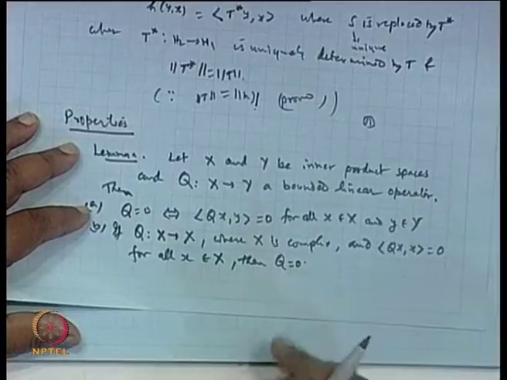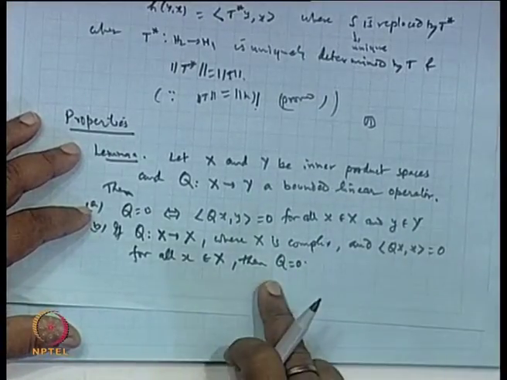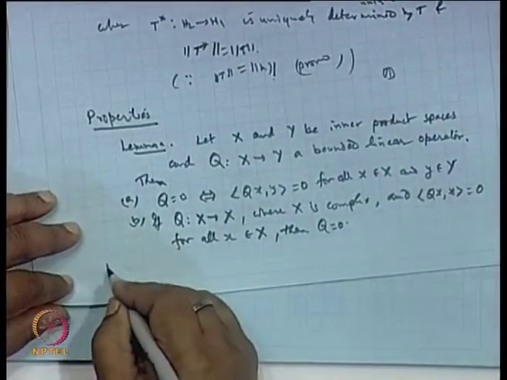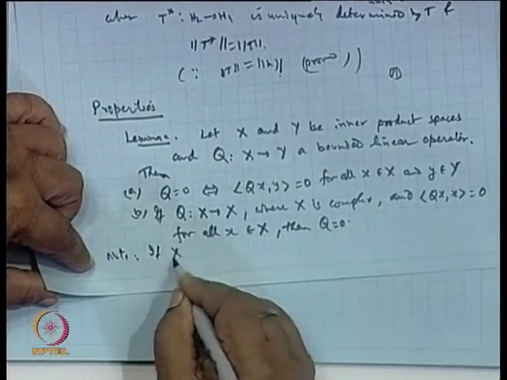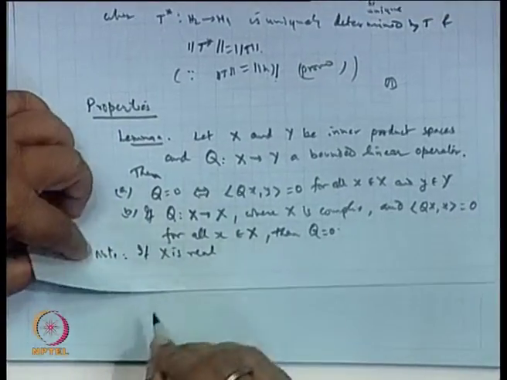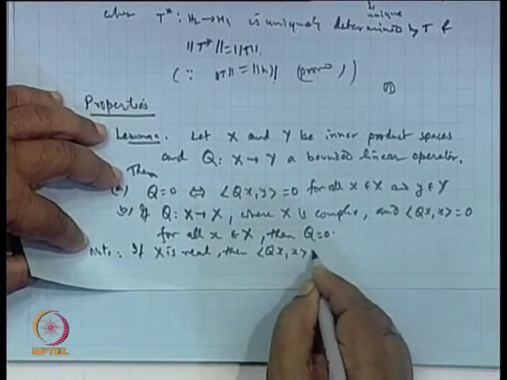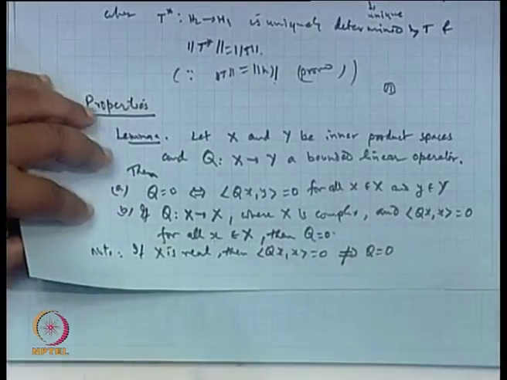If capital X is a real space, then the inner product of Qx, x being 0 need not imply Q equal to 0. So, note, in case X is real, then the inner product of Qx, x equal to 0 need not imply Q equal to 0.